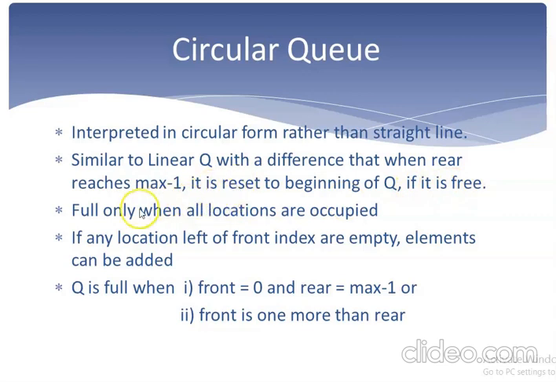Under this condition, the queue is considered as full only when all locations are occupied. In the case of a linear queue, this was not the case. Even if there exist some vacant spaces at the front of the queue, we were considering it as a full queue. But here, it will be considered as full only when we have no spaces left in the array.